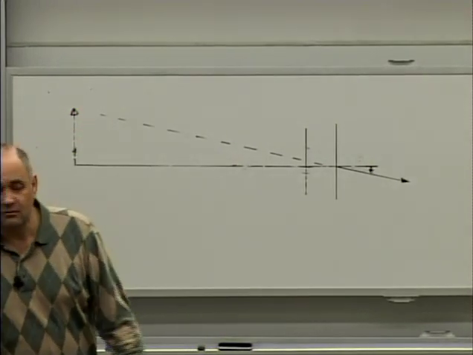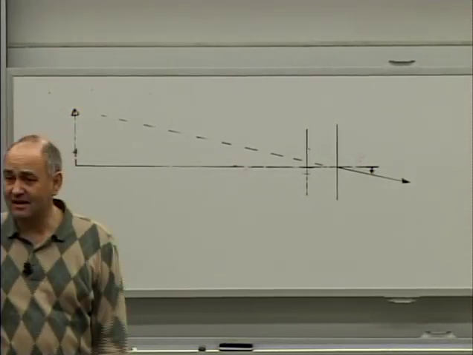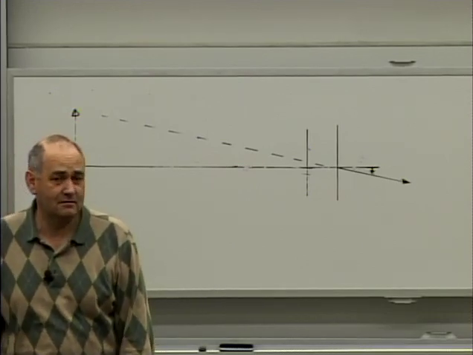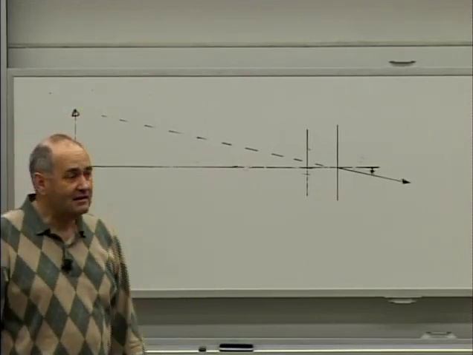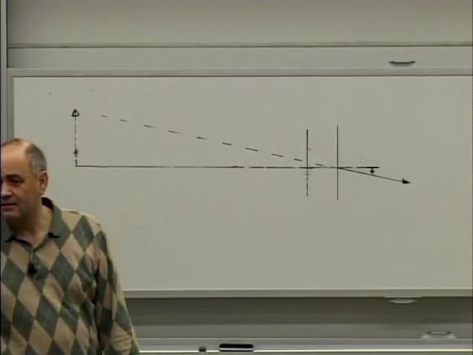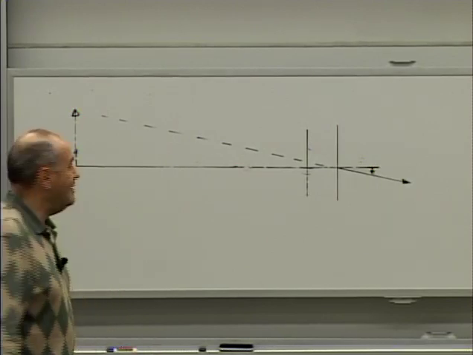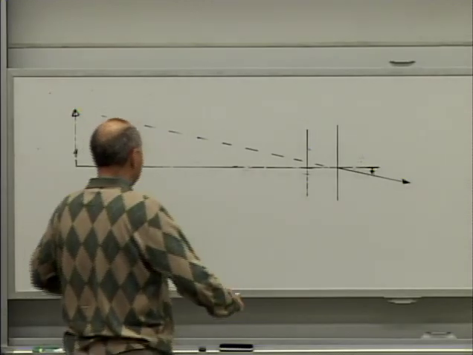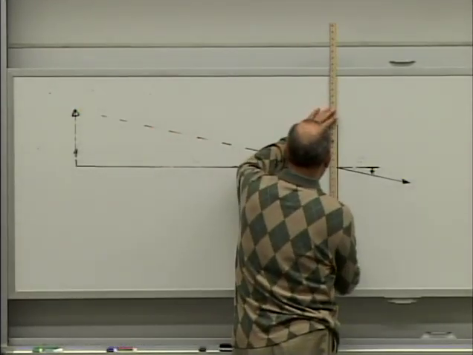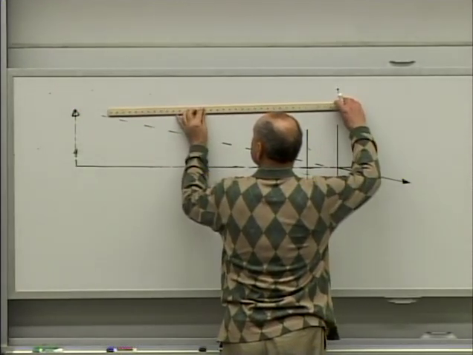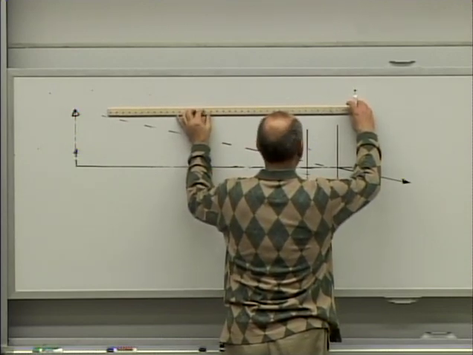Which one? Well, focal is difficult because right now I have no clue where the focal points are. Parallel, which parallel? The image parallel ray. Okay, let's use the image parallel ray. Here's the lens. The image parallel ray is parallel to the principal axis.